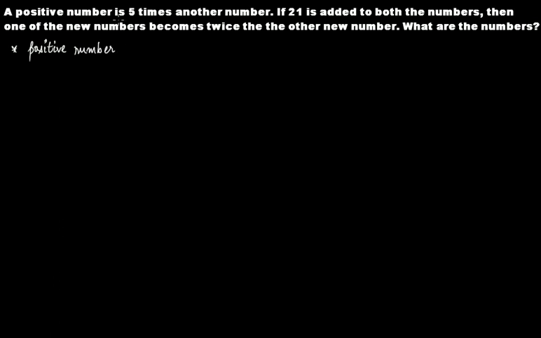Is 5 times another number. If one number is x, then clearly another one will be 5x. Clearly this is the smaller number and this is the larger number.